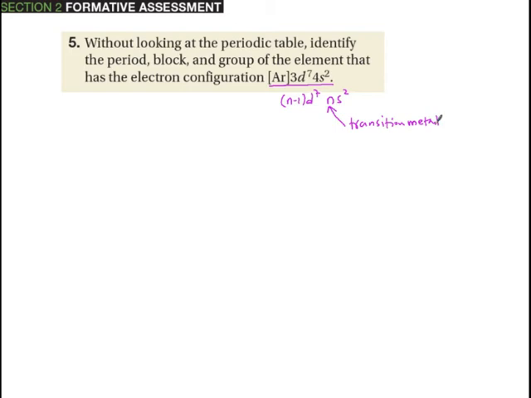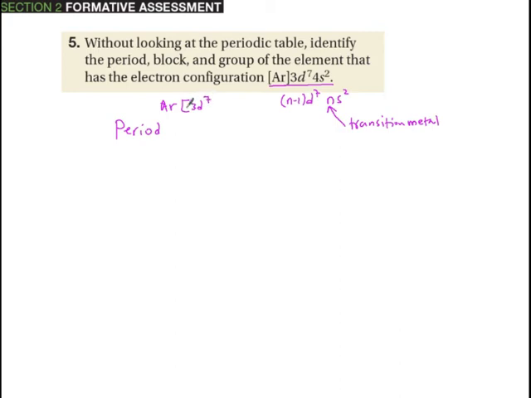So we have already argon. Argon is 18. 18 plus 7 is 25, plus 2 is 27. So what can we say about the period?